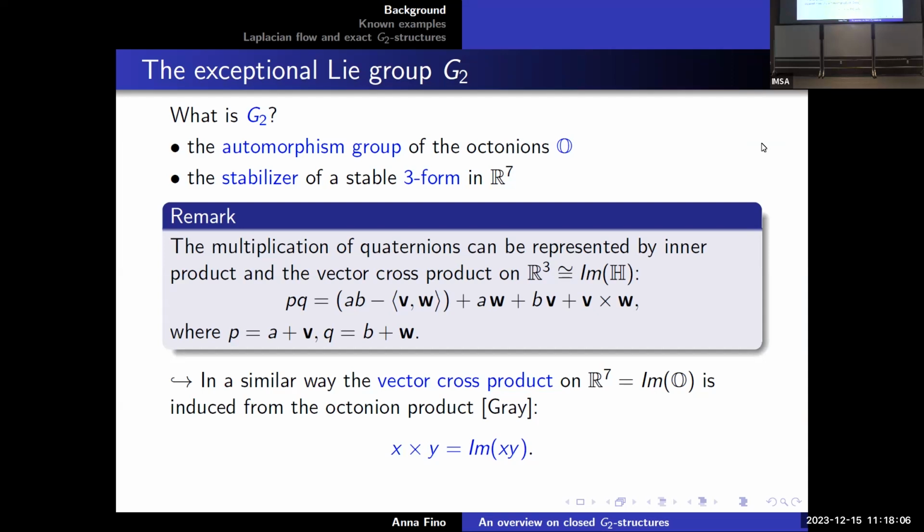Alfred Gray defined in a similar way a generalized vector cross product on R7, which you identify with the imaginary part of the octonions. You just take x and y and take the imaginary part of the product.